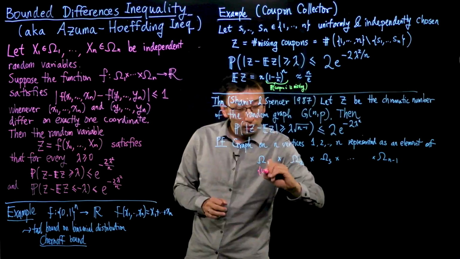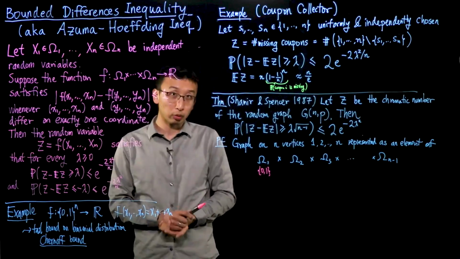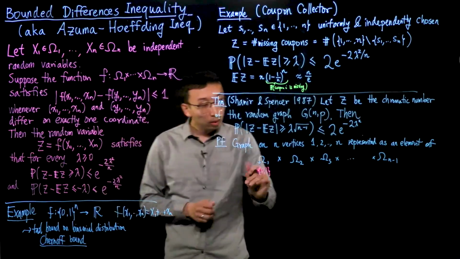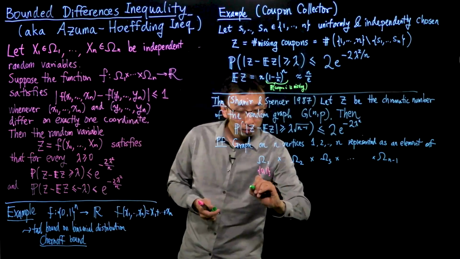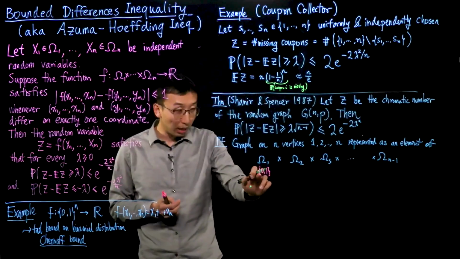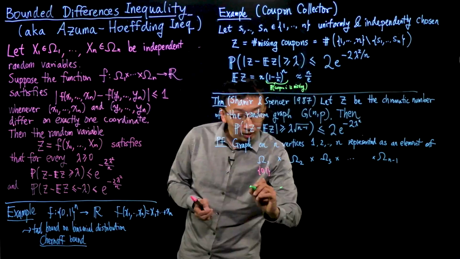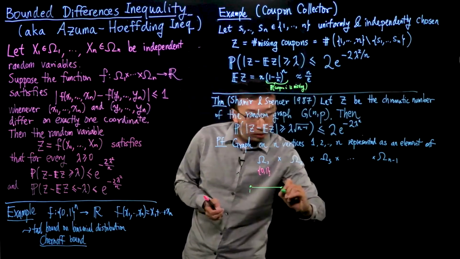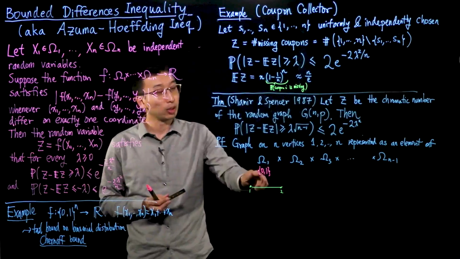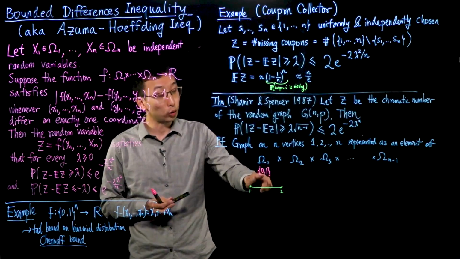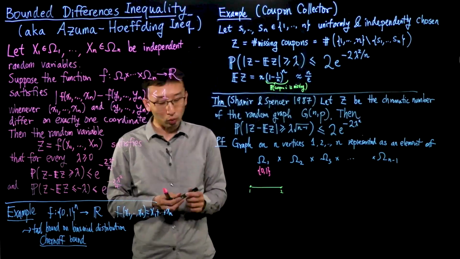Omega 1 will be the set {0, 1}. And this set will record, depending on which one gets chosen, either 0 or 1, whether there's an edge between the first vertex and the second vertex. If we choose 0, then there's no edge between 1 and 2. If we choose 1, then there is an edge between 1 and 2.